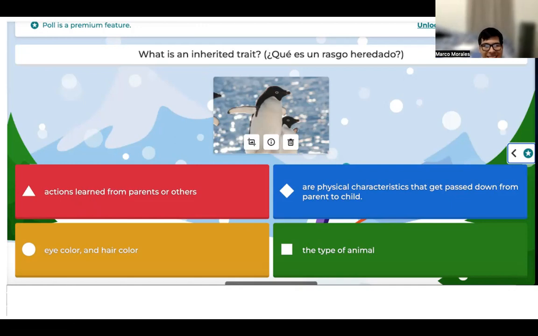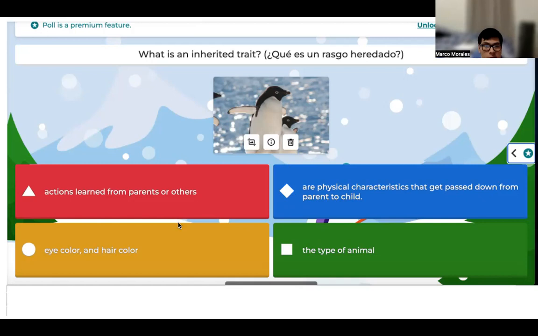Exactly. Okay. So what Timmy said is that the correct answer is actually the rhombus, the blue, which reads: an inherited trait is physical characteristics that get passed down from parent to child. Thank you. That is the correct answer.